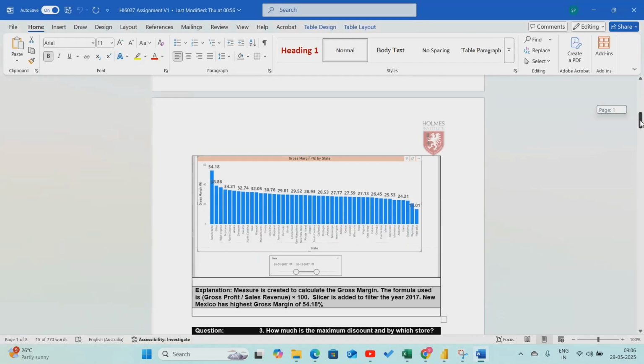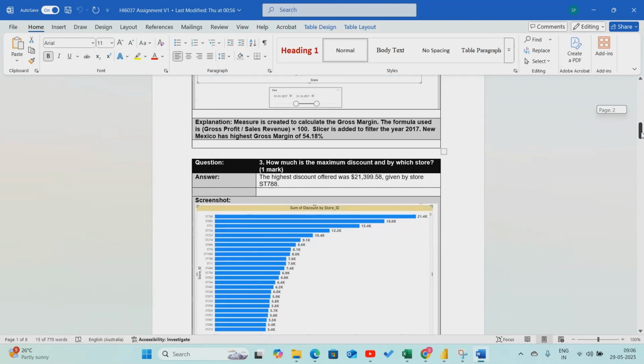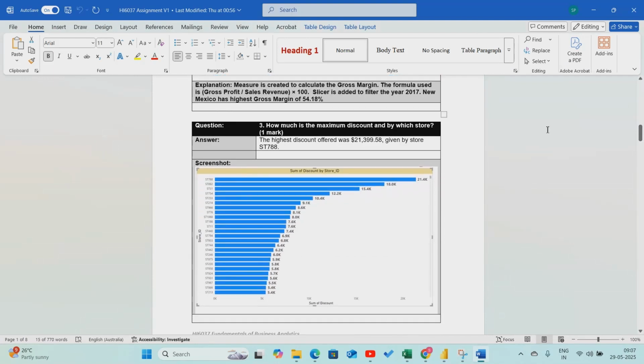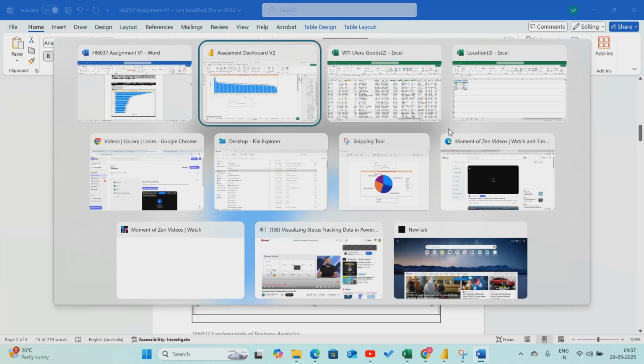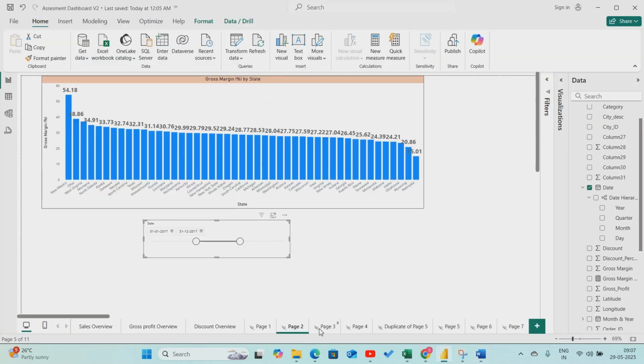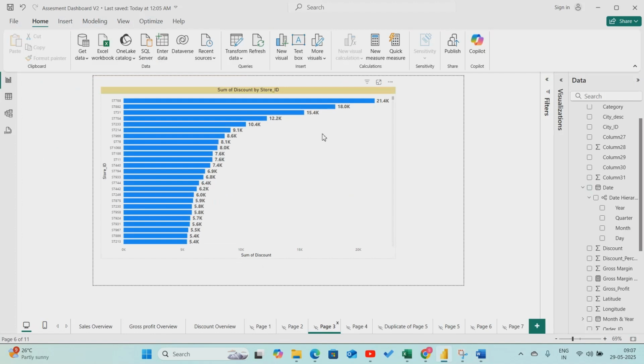The next question, question number 3, is how much is the maximum discount and by which store? We have seen the discount information in the data, discount percentage and the total discount. So we have created a simple bar graph here just to understand how much was the discount offered by which store, and we created this simply based on the value.